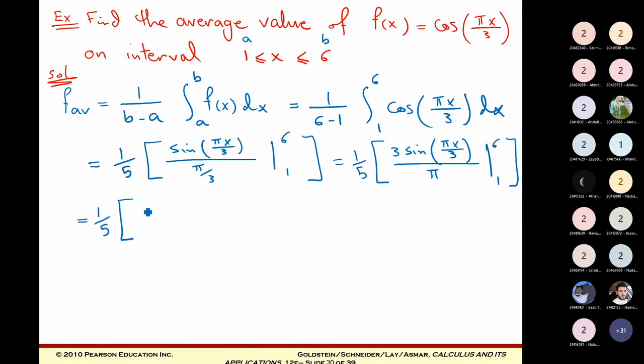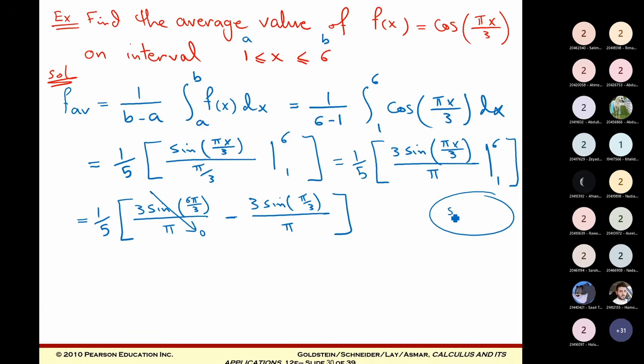Substitute 6, we have 3 sine 6 pi over 3, which means 2 pi, for sine, 0, minus 3 sine, and substitute 1, pi over 3, over pi, like this. This is 0 because sine 2 pi equals 0, and 6 pi over 3 is 2 pi.